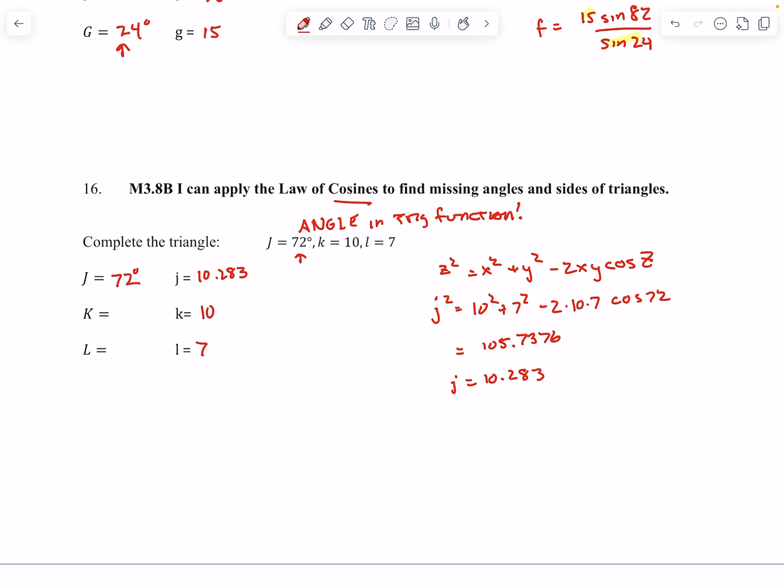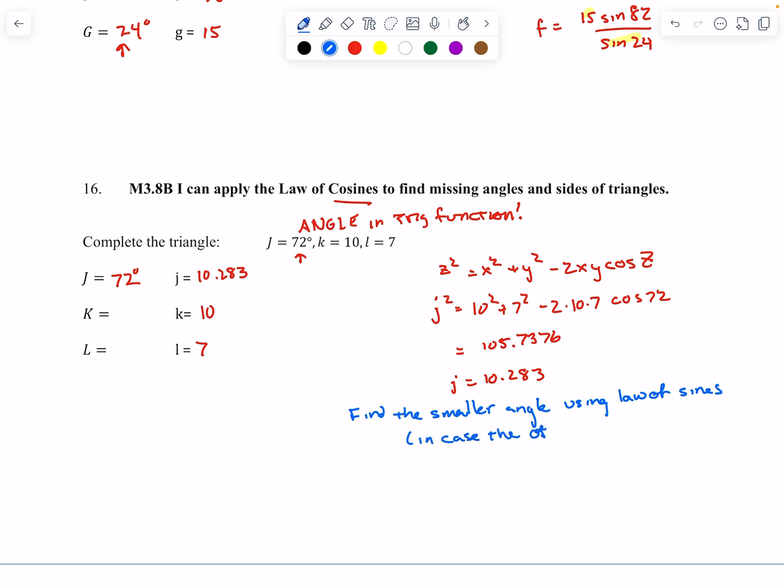Now we find the smaller angle. This is other, not over.